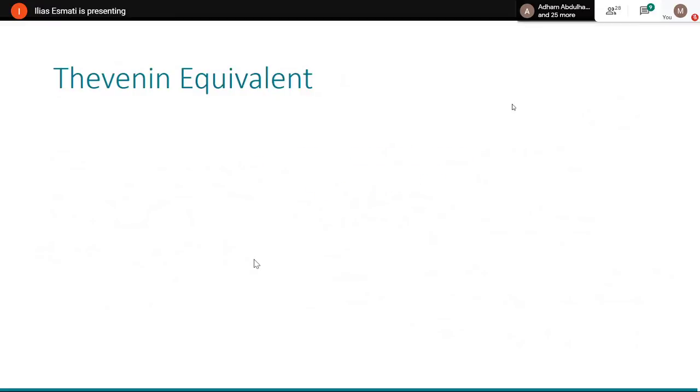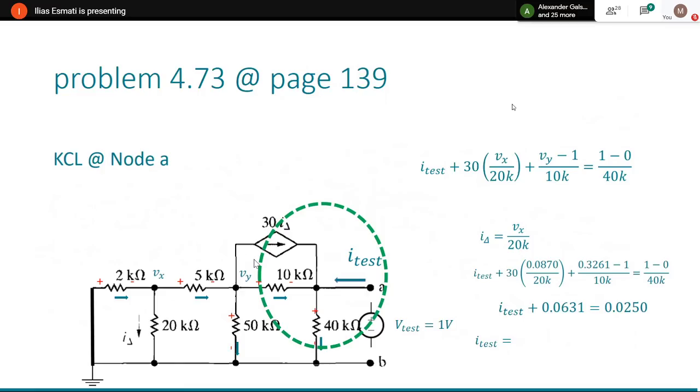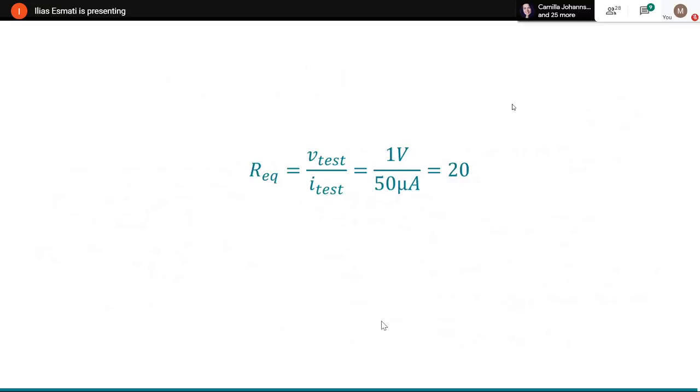So what does it mean? Equivalent resistor means that I can simplify this circuit. All these resistors can be replaced by a 20 ohm resistor.